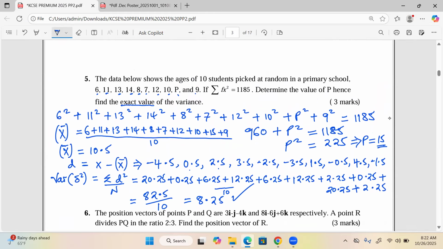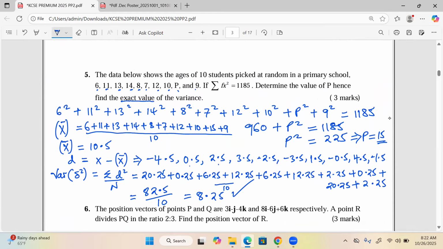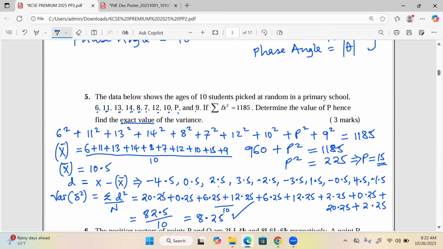Something else that you also have to master is that you can also be told to find mean absolute deviation. Mean absolute deviation means you add the deviations by taking their absolute values, then you divide by n, the total number.